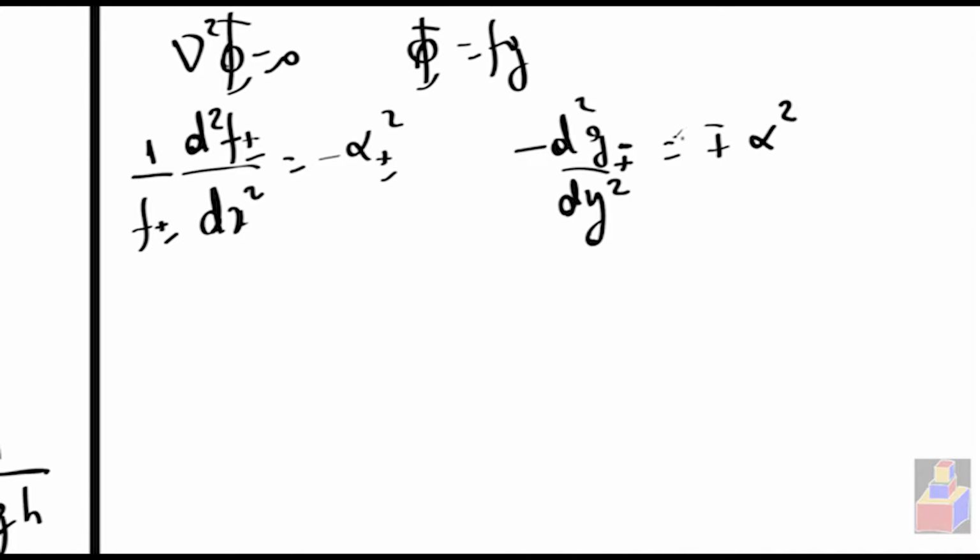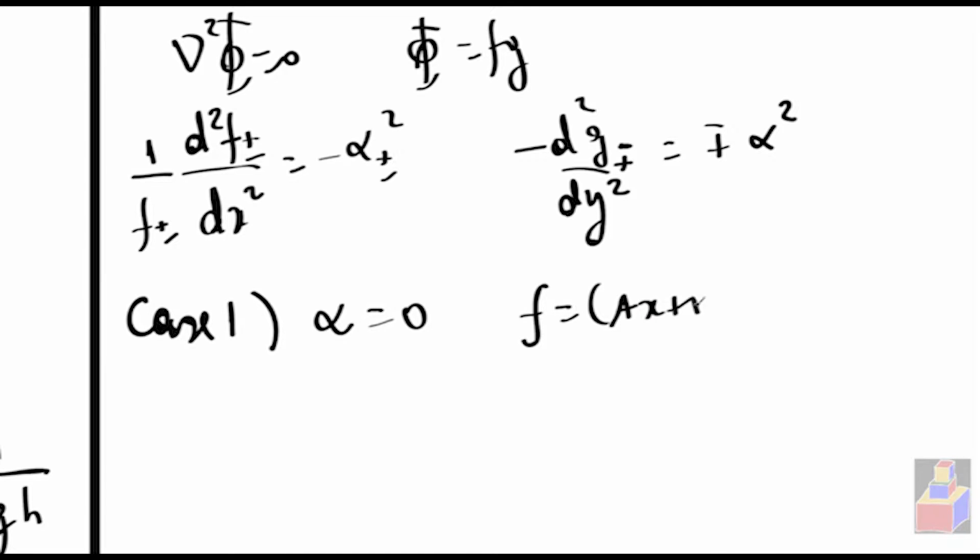Well, before doing that, we have to consider the possibility of alpha being 0, okay? So we can have a possibility. If these are 0, that also satisfies the Laplace equation. So in this case, f is a solution ax plus b, and g is something like cy plus d.